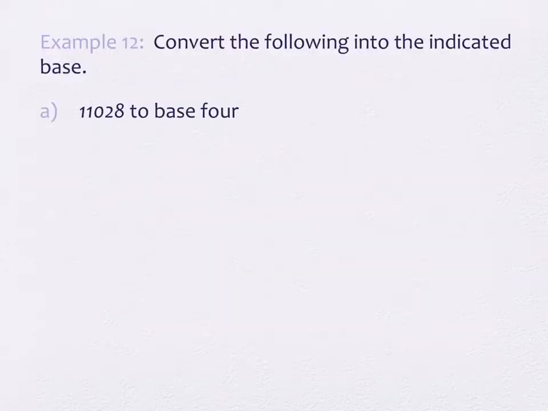We're dumping 11,028 crayons on the ground, and we're putting them into bags. The bags are base 4 size bags. So you have some that are just leftover singles, some that are 4 to the power of 1, which is 4, and some that are 4 squared, which is 16.